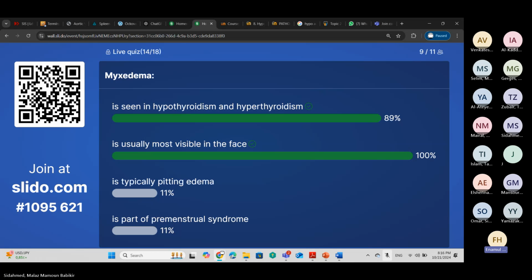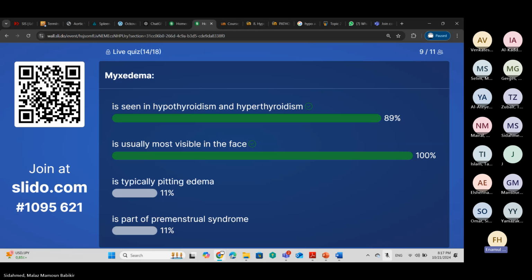Versus in hypothyroidism, the facial myxedemas, you would know that there are increased mucopolysaccharides, and yes, it retains water, but the fact is that this is still a protein in the end, and because of the higher protein content, it ends up being a non-pitting edema. So myxedemas are generally non-pitting.